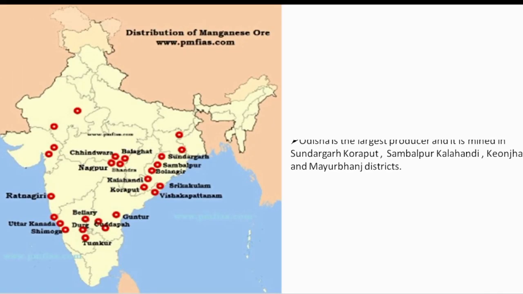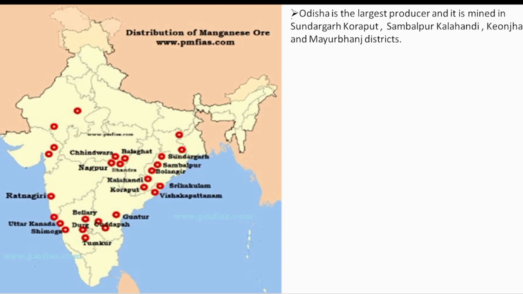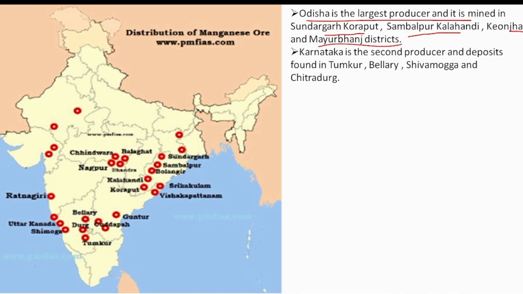And we'll be discussing the distribution. Odisha is the largest producer, and it is mined in Sundargarh, Koraput, Sambalpur, Keonjhar and Mayurbhanj districts.